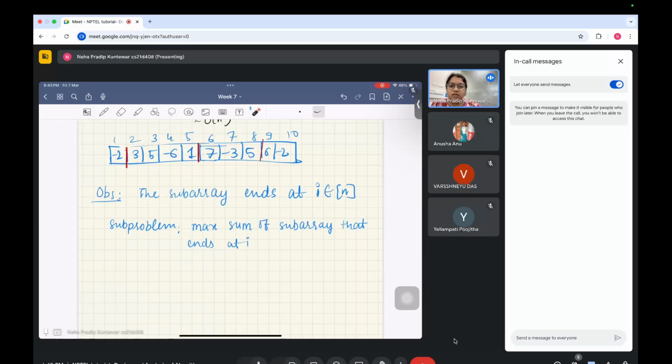Why are we doing this? Because we'll make another small observation. We'll see why these observations are useful. This is also a very simple observation. So let's look at my first element. The value is -2.